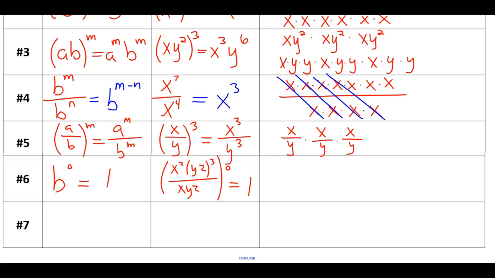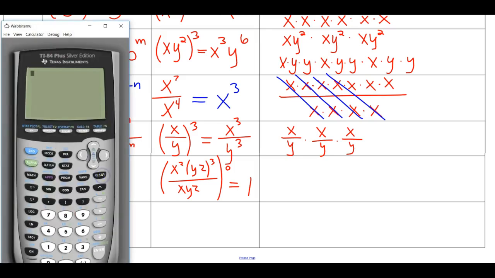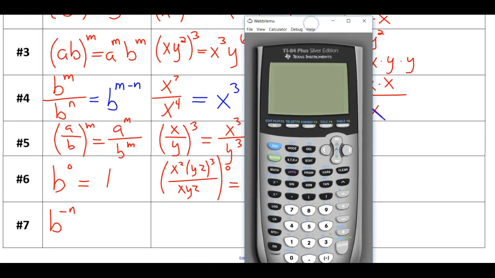And then the last one, rule number 7, is that pesky negative exponent. So b to the negative n power. Now let's take a look at our calculator here, and let's see a few of these scenarios. So if I have the number 2, and I raise it to the negative first power, so a negative exponent, 2 to the negative first power, and I hit enter, and I'm going to turn that into a fraction.